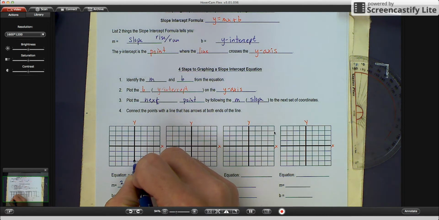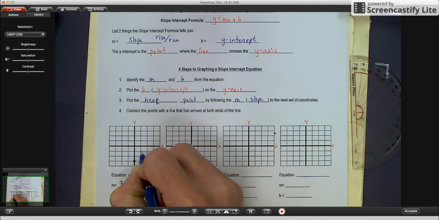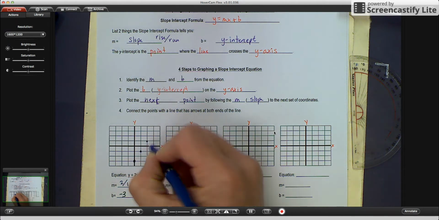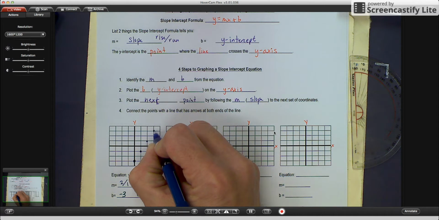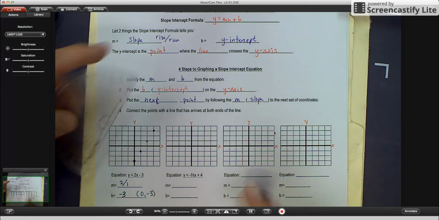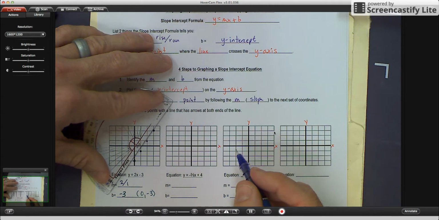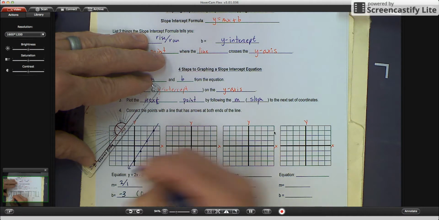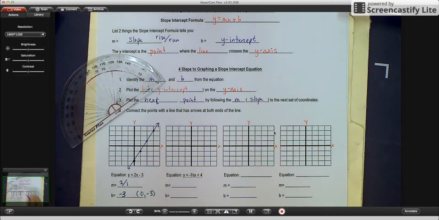So a positive 2, rise 2, right 1, both positive, rise 2, right 1. And then the fourth step says connect the points with a line that has arrows at both ends of the line. So I'm going to connect the points with a line that has arrows at both ends. And I have just graphed the equation y equals 2x minus 3.